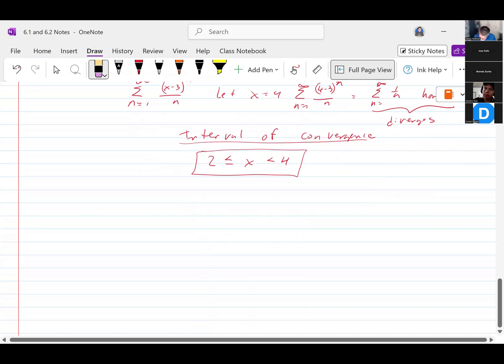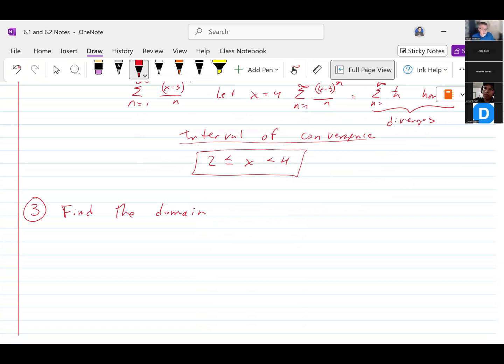Okay, let's try another one. Number 3 here. Find the domain. That means all the x values that work, or basically the interval of convergence, or what values will give me a convergent series.